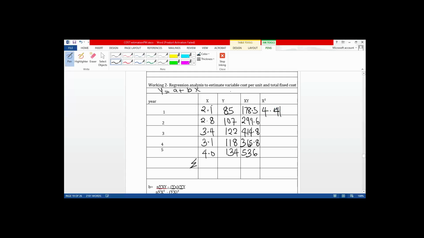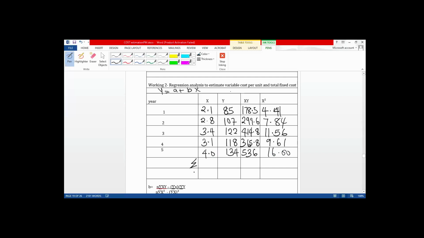To make it faster, somebody can do the summation. 2.8 squared is 7.84. 3.4 squared is 11.56. 3.1 squared is 9.61. And the last one, 4 squared, is 16.